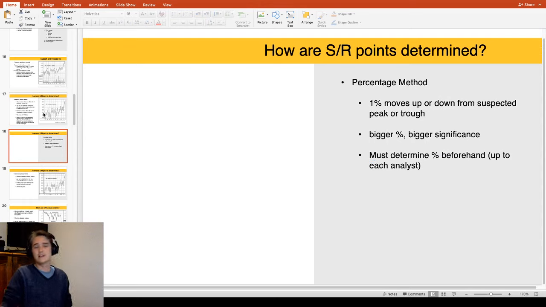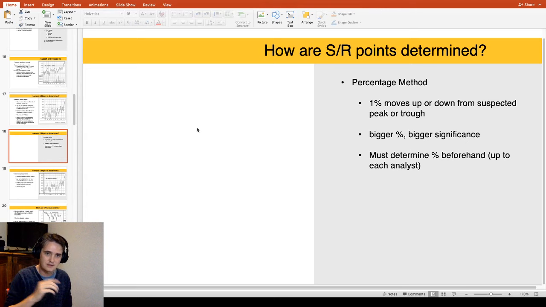So there is another method. As always, there is the percentage method, and you have to determine what percentage you're going to use before you start looking for these things. If we pick 1%, and the stock moves down 1% and then reverses and moves back up 1%, that is a reversal point or a support point.